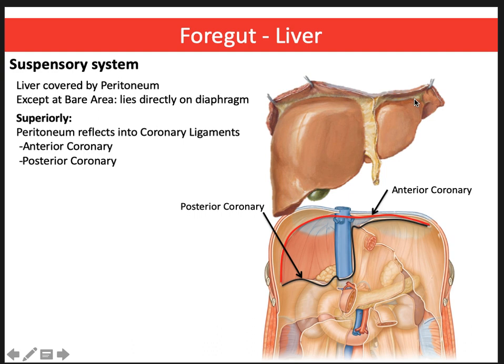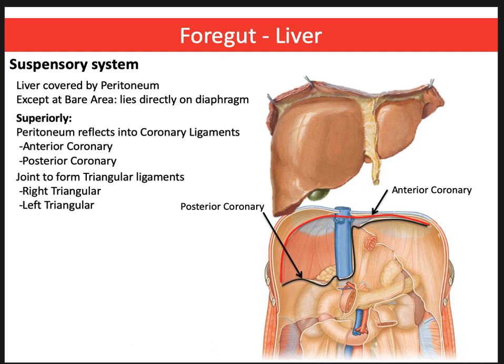I'm not sure if you remember, but coronary means crown, right? So it forms a crown around the bare area where you have the folding of the peritoneum, parietal becoming the visceral, thickening, making a strong anchor to the liver, hanging from the diaphragm, right?